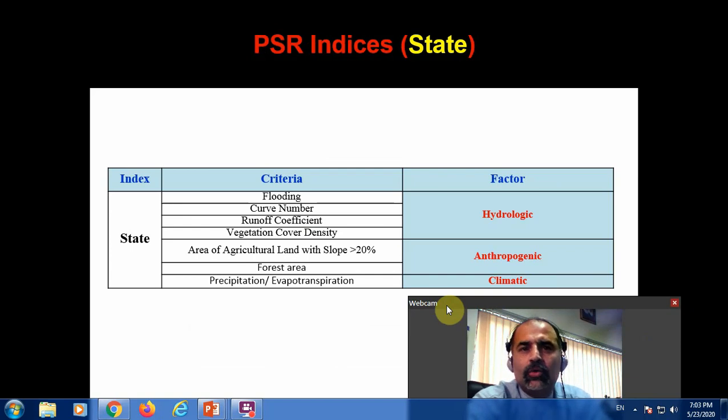Under each category, you can find some criteria like flooding, crop number, runoff coefficient, vegetation cover density, area of agricultural land with a slope beyond 20%, forest area, and even precipitation evapotranspiration ratio.